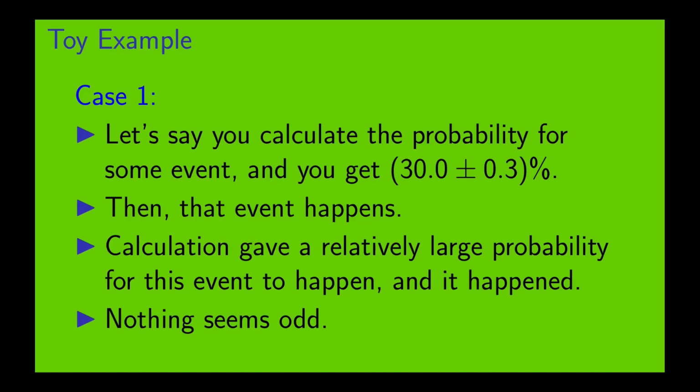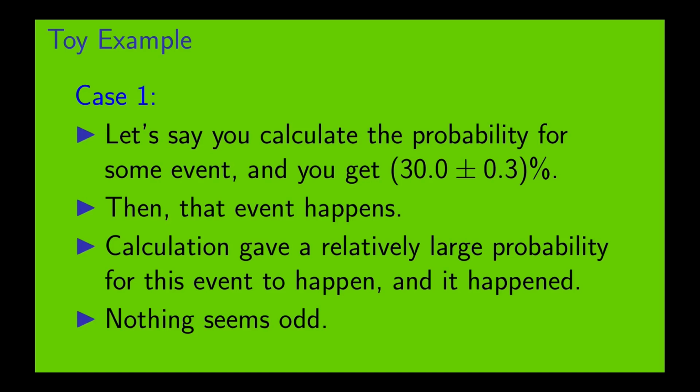Now let's look at two cases. In case 1, let's say you do the probability calculation for some event and you get 30%. It has a 1% relative error bar, so that's 30 plus or minus 0.3%. Then that event happens.